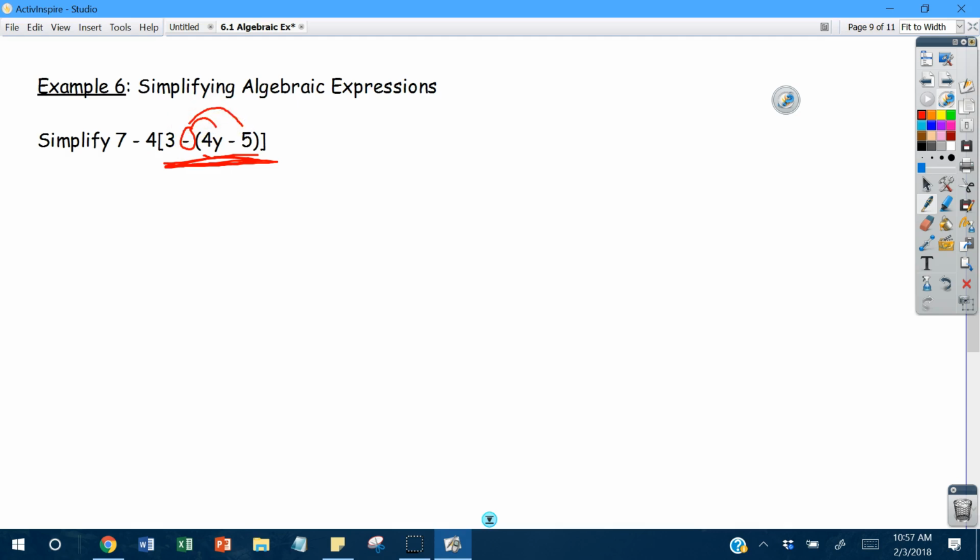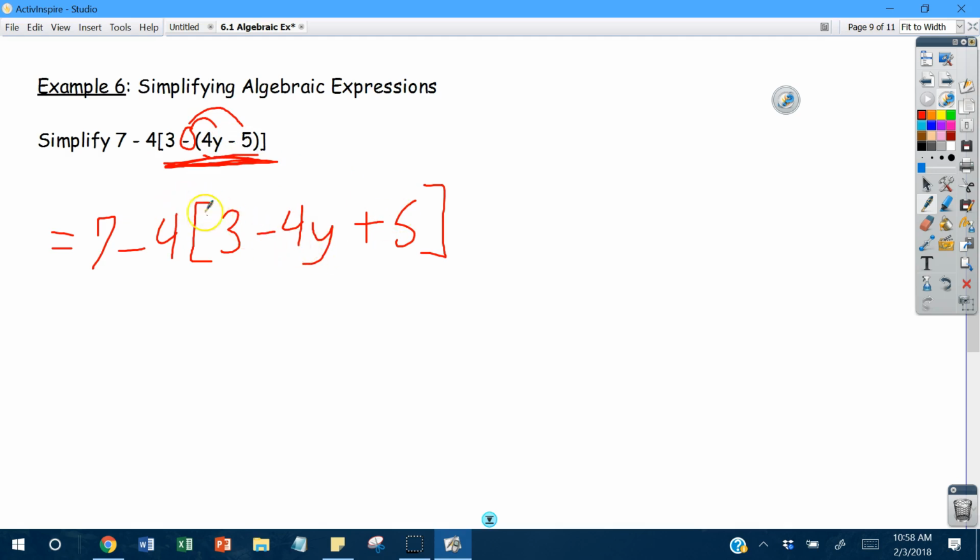We're subtracting both those things, so we're multiplying each one of those things by negative 1. So if I rewrite this expression as 7 minus 4 bracket, it's going to be 3 minus 4y multiplied by negative 1. Then I'm multiplying this minus 5 by a negative 1 to make that positive 5. So it's kind of the opposite of what happened last time. In the last example, we had a plus here, and it made it minus. This is making it a plus again.